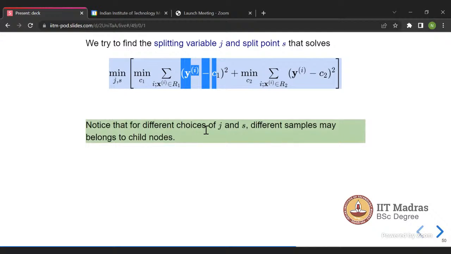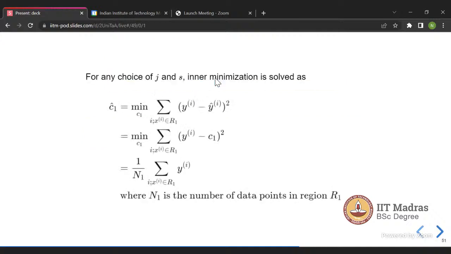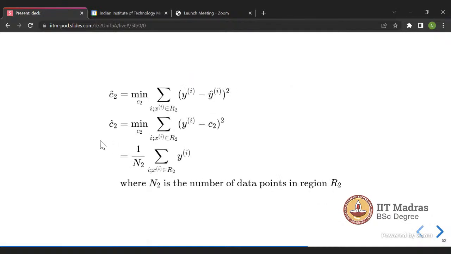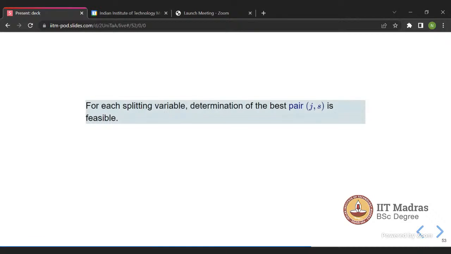And this inner minimization gives c_i, which is the mean of all those examples belonging to that node. Then over j and s, we search for the minimum. We can always find such a pair for which that expression is minimum.